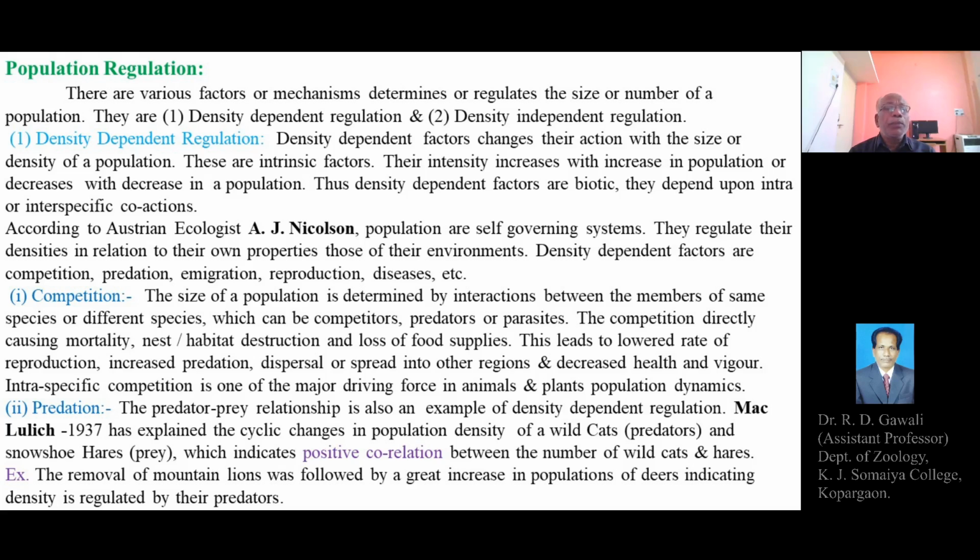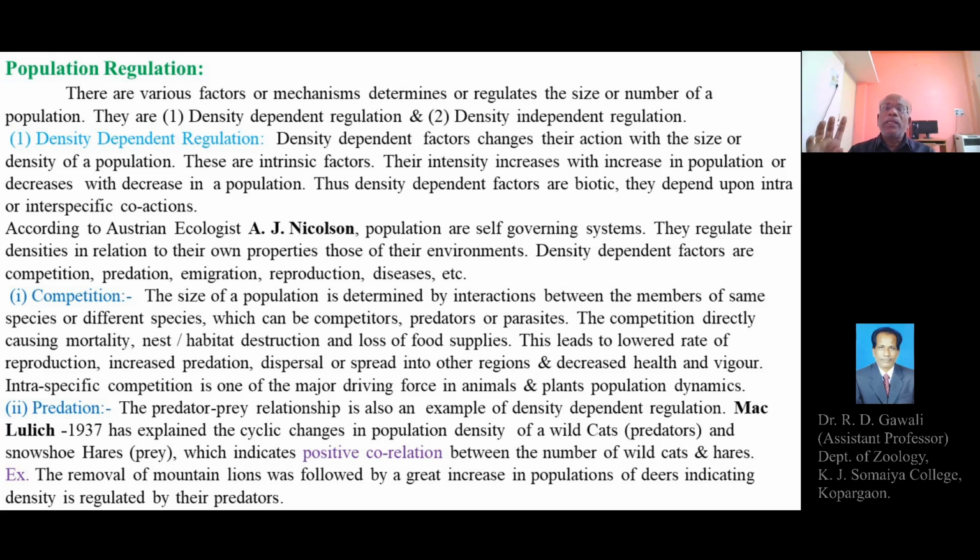First one, that is competition. The size or number of individuals of a population is determined by the interactions between the members of the same species or different species.